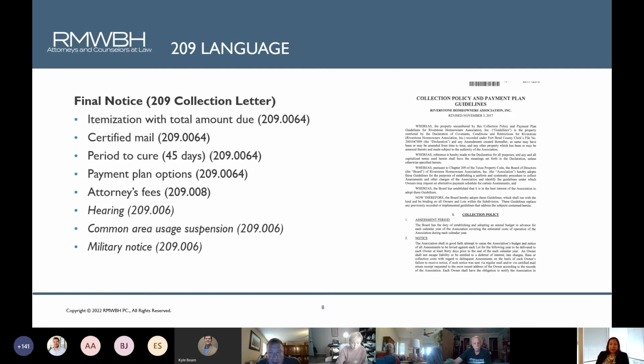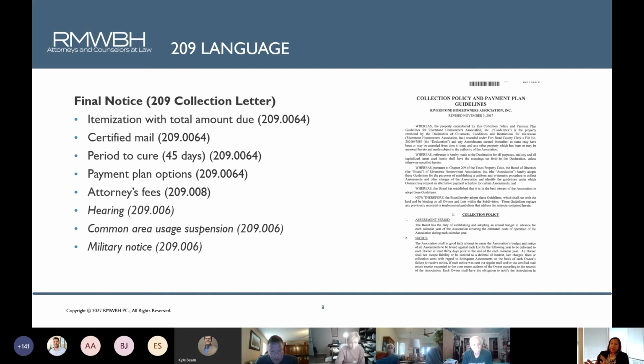The 209 collection letter has to contain an itemization of the total amount due. So for all of you that are self-managed, or work with a managing agent, a management company, we work really closely with all of our management companies, and so they're aware of this law, but it needs to include an itemization.